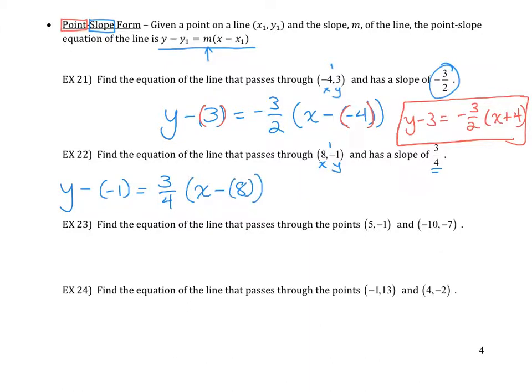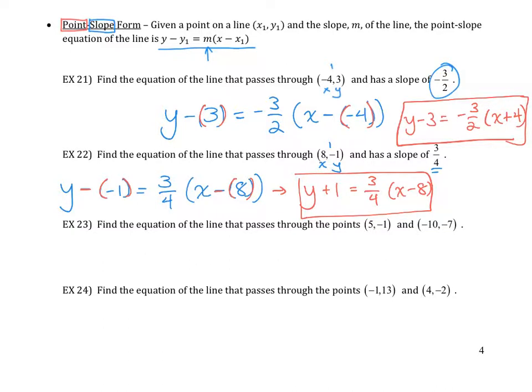So again, we just have to worry about the signs here because we are subtracting these sets of parentheses. That will give you the new equation, y plus 1 equals 3/4 x minus 8. There it is.